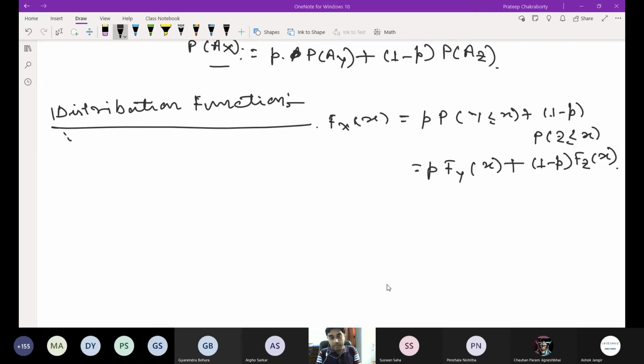Okay, so we start our new chapter or section, which is called expectation of a random variable.